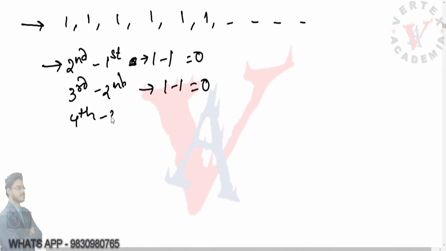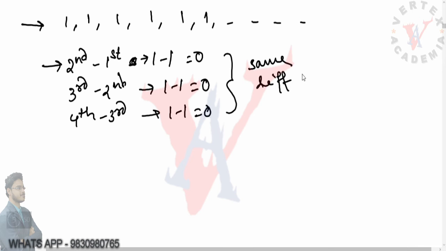If you do fourth minus third, it is also 1 minus 1, 0. So here also same difference. Now 0 is also a number, right? We can also get 0 as a difference. So same difference every time, the second minus first, third minus second, fourth minus third, it is 0. So therefore it's an AP.